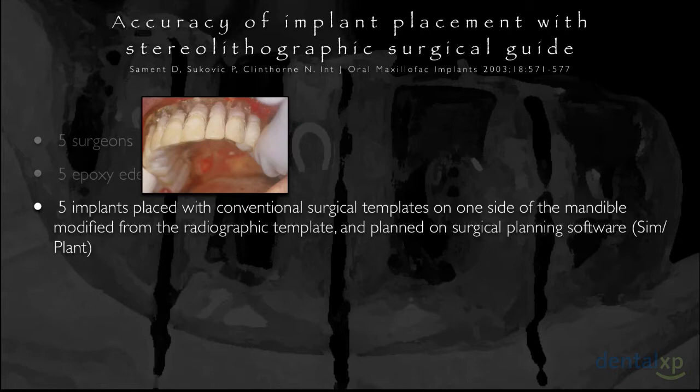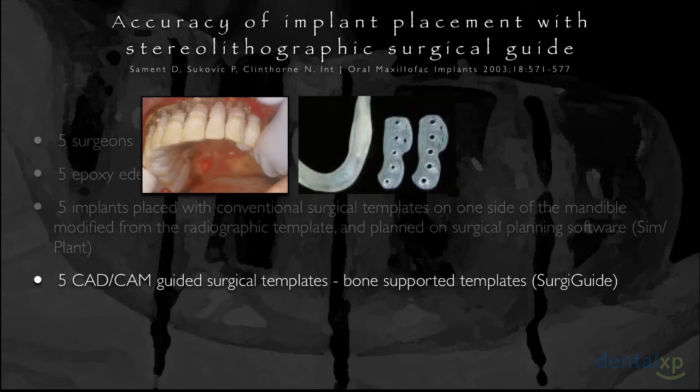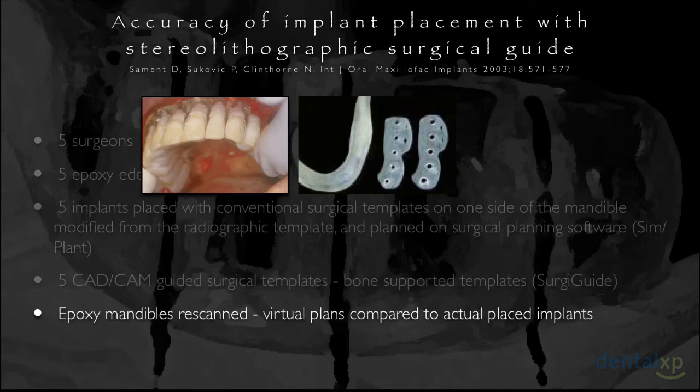So we converted traditional radiographic templates into the surgical templates using cone beam CTs. On the other side, we used 5 CAD/CAM surgical templates, and this was used with the SurgiGuide system, so that they were bone-borne templates. The implants were placed, and then the epoxy mandibles were rescanned.